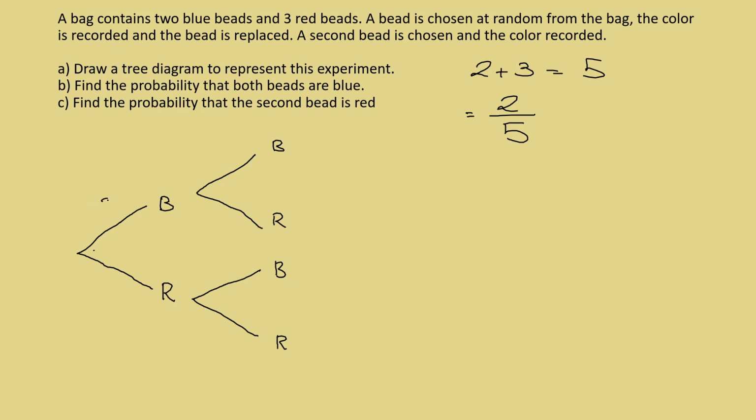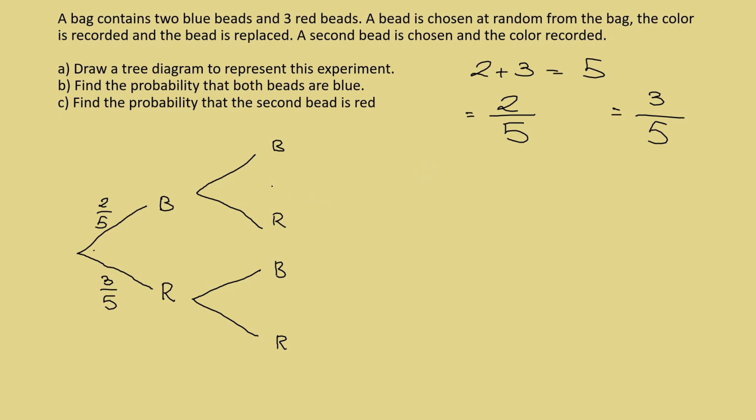And we're going to write this down here, 2 over 5. And then what's the probability of getting a red bead? So again, it's going to be the red beads, so 3 over the total amount of beads, which is 5. Therefore, we write this down here, the probability of getting a red bead. Okay, perfect.